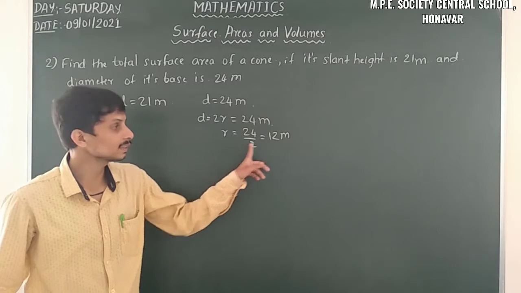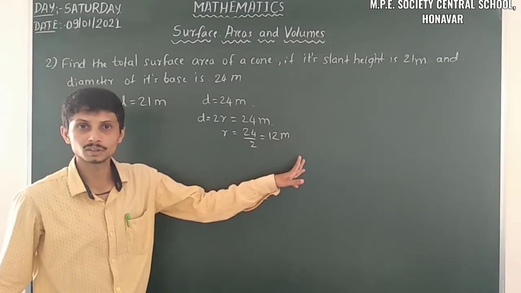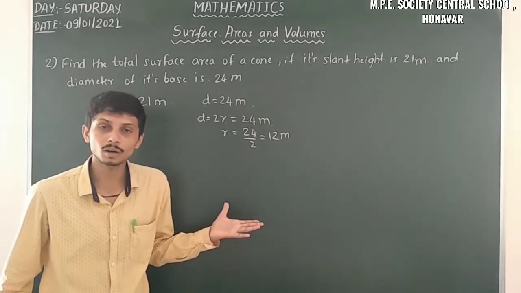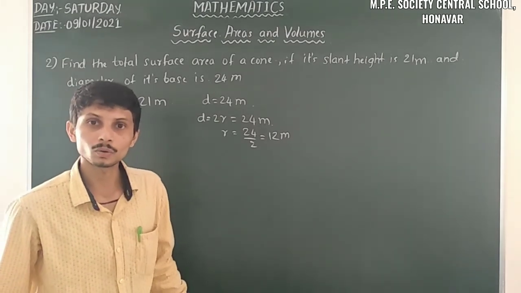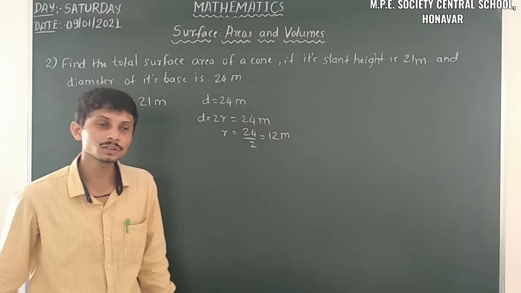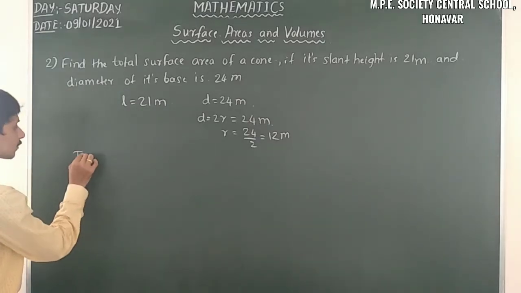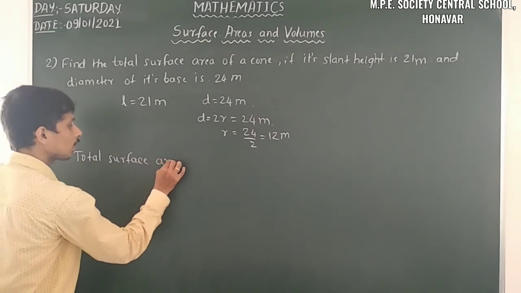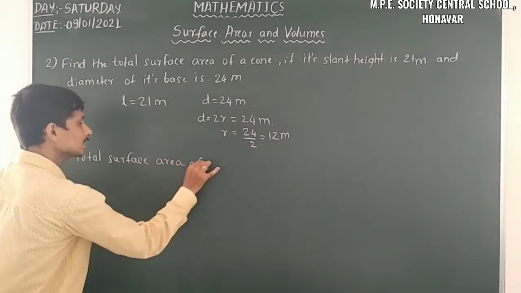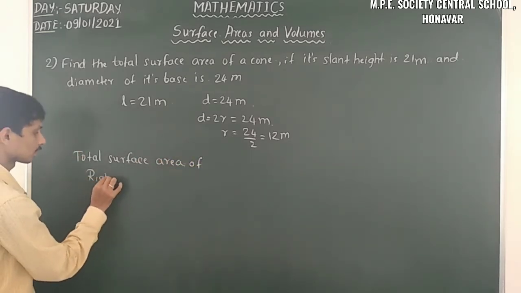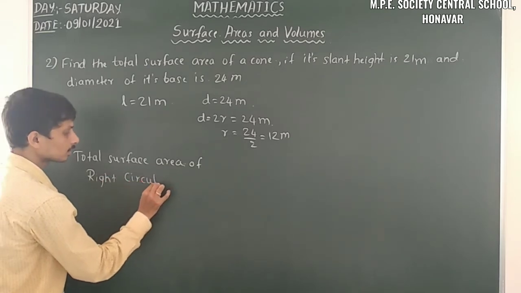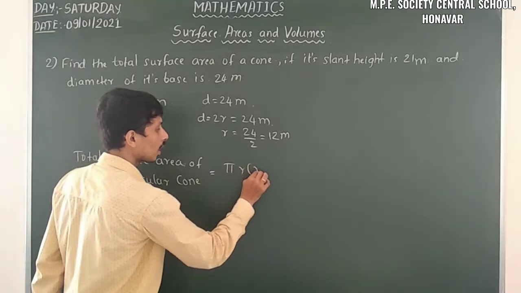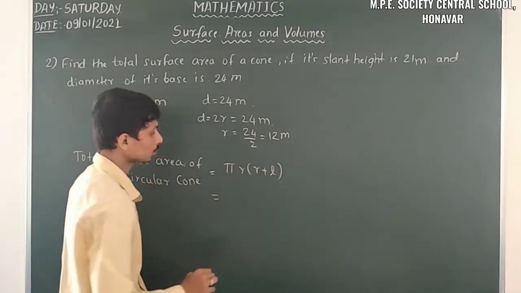Using this slant height L and the radius r, we have to find the total surface area of the cone. The total surface area of the right circular cone is equal to pi r into (r plus L). So what is the value of pi here?